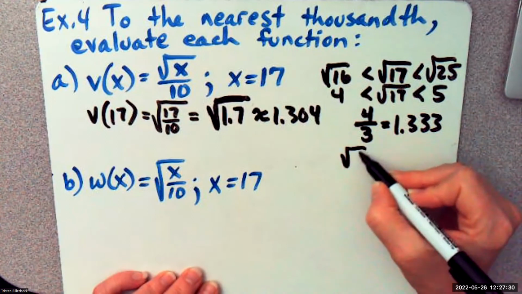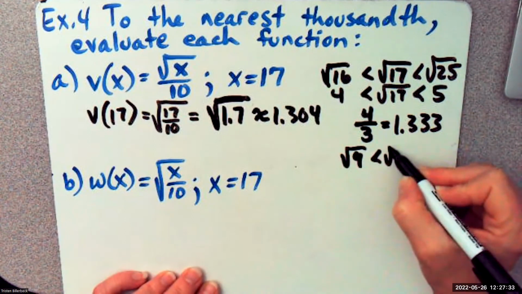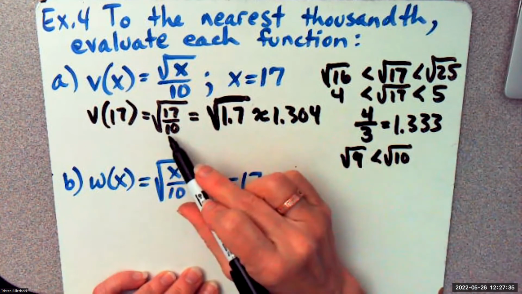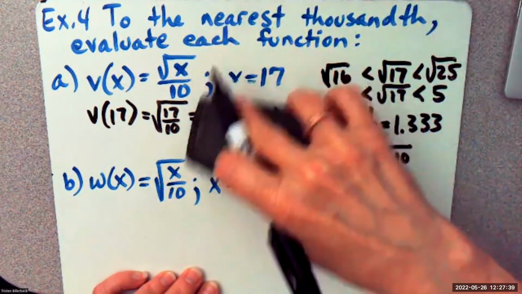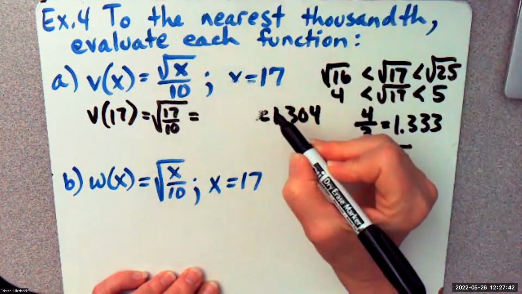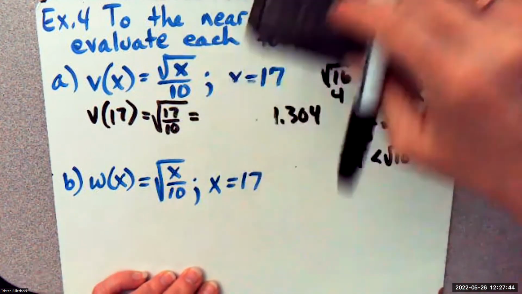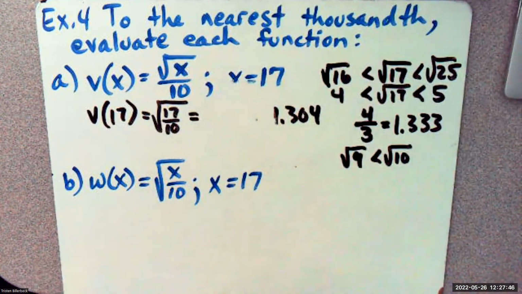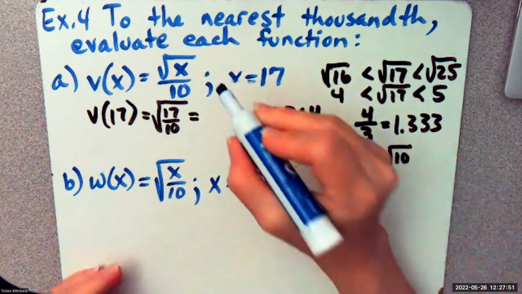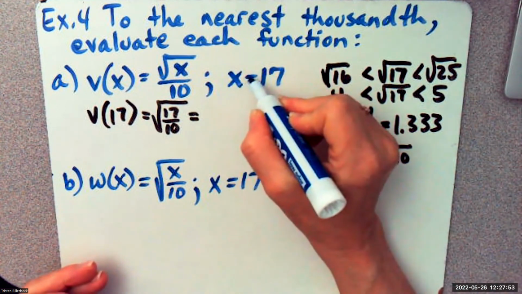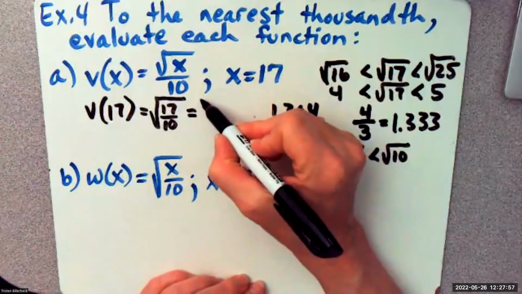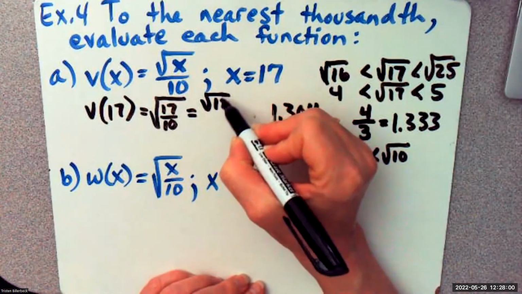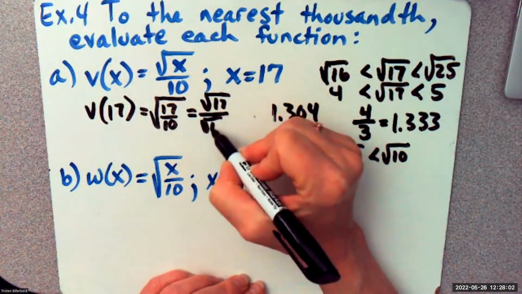What I did to get this 3 is I said, hey, the square root of 9 is less than the square root of 10 on the bottom. Instead of doing the 1.7, sometimes if we know the answer, it's easier to find how we do it. That's my approach here, because I find these square root estimates rather difficult myself. So we're going to do the square root of 17 over the square root of 10.